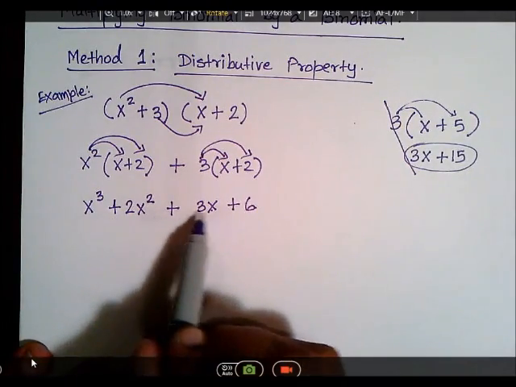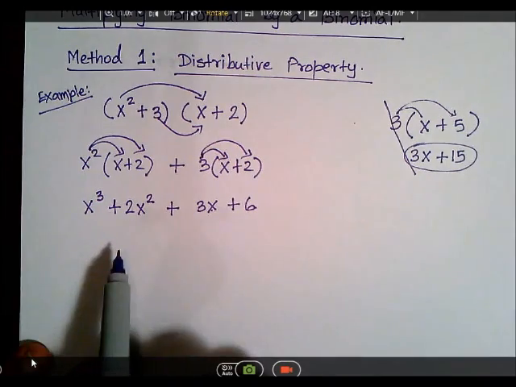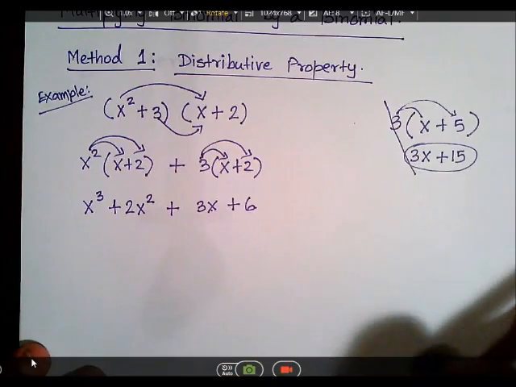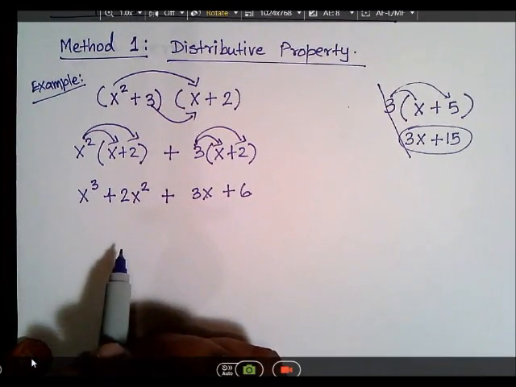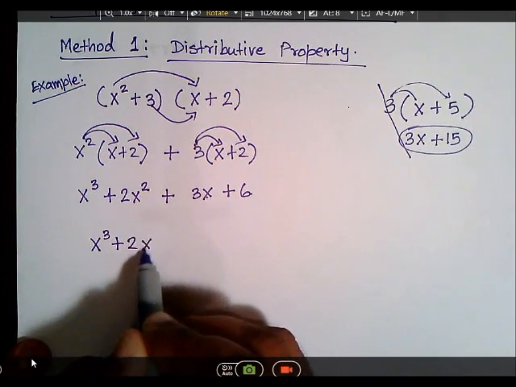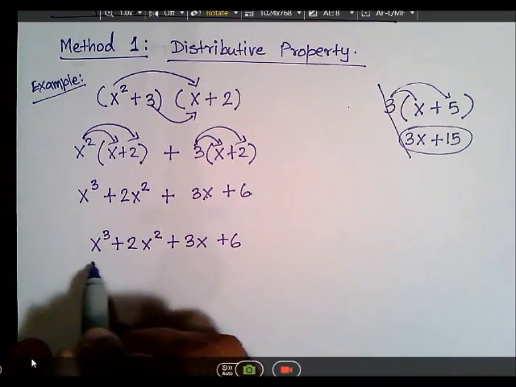So I got 4 different terms now. None of them are alike. If I end up with any like terms, I'm going to be combining the like terms and simplifying the polynomial that I end up with. So the answer is x cubed plus 2x squared plus 3x plus 6.